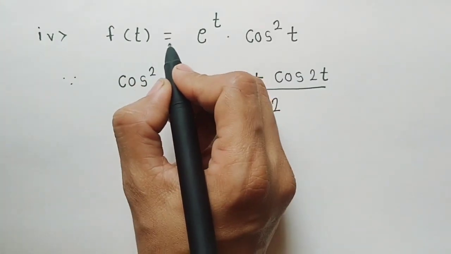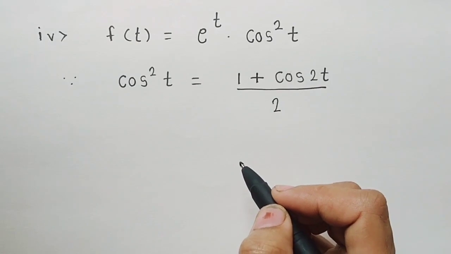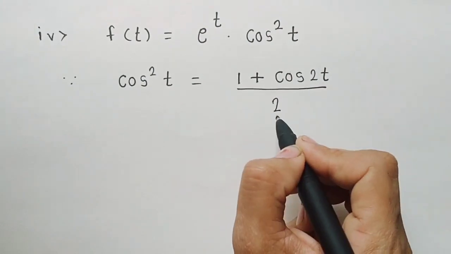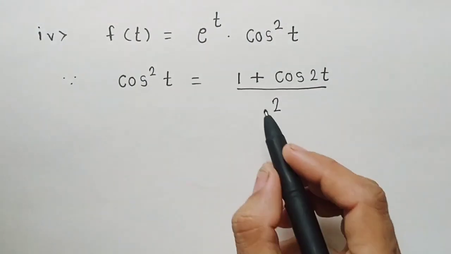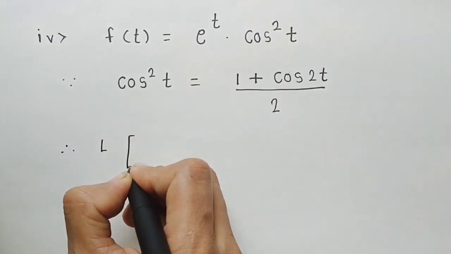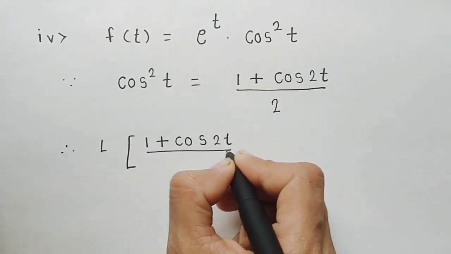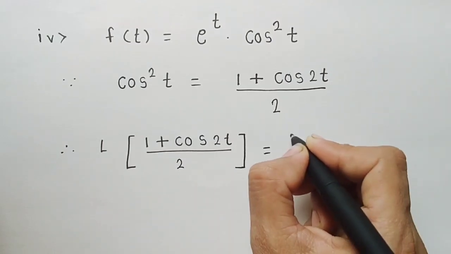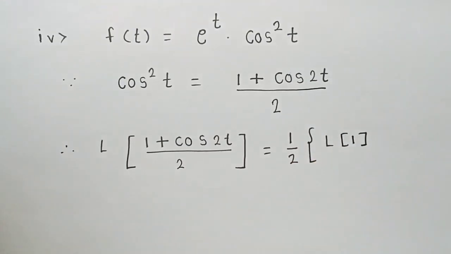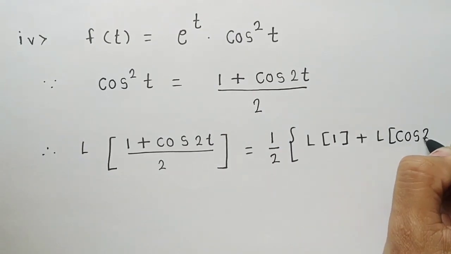Now suppose f of t is equal to e raised to t into cos square of t. So here we first find out the trigonometric result for cos square of t, which equals 1 plus cos of 2t upon 2. Now find out the Laplace transform of this function. Therefore Laplace of 1 plus cos of 2t upon 2 equals 1 upon 2 Laplace of 1 plus Laplace of cos of 2t.